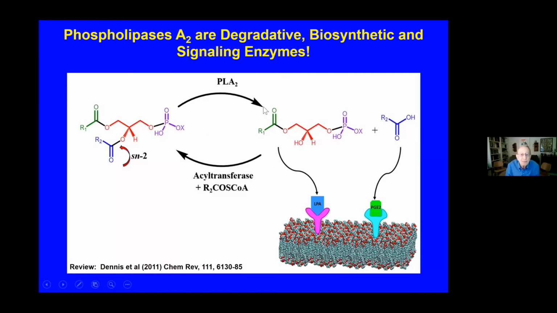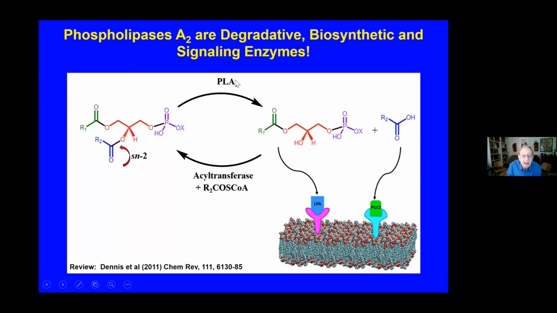So phospholipase A2 is a superfamily of enzymes. Some of them are degradative, in which phospholipase A2s particularly are enzymes that catalyze the hydrolysis of a fatty acid on the SN2 position of membrane phospholipids. This is shown in the stereochemically correct form that Matt Conroy introduced earlier today.